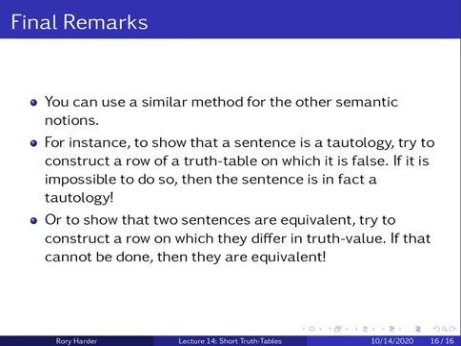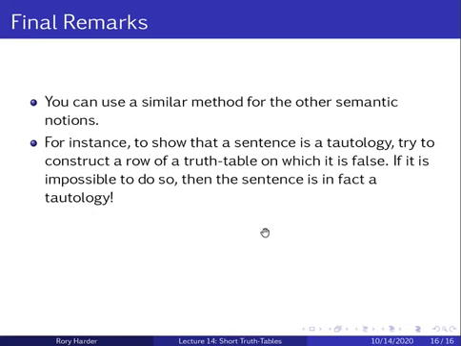Or another example is that to show that two sentences are equivalent, you can try to construct a row of their joint truth table on which they differ in truth value. But if that cannot be done, then they are equivalent.